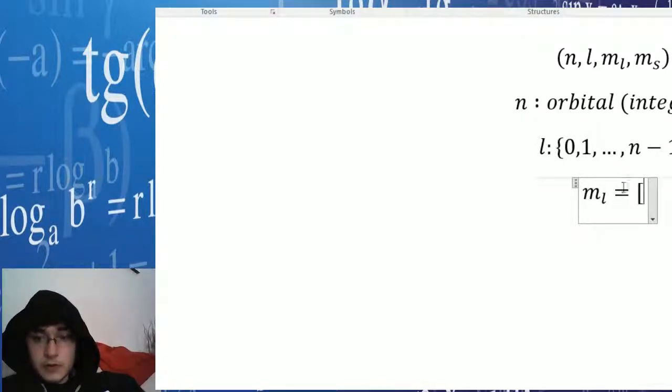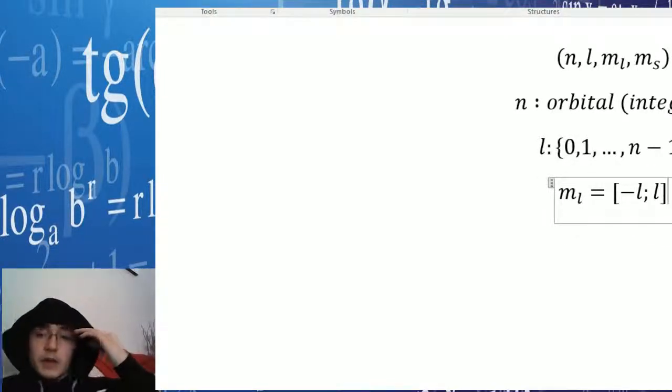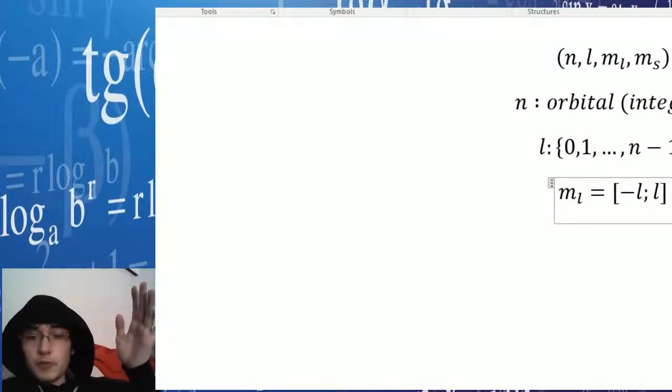It goes from minus l to l, and it's an integer. Honestly, I never used that, and this is why I forget about it. It's kind of boring, to be honest.